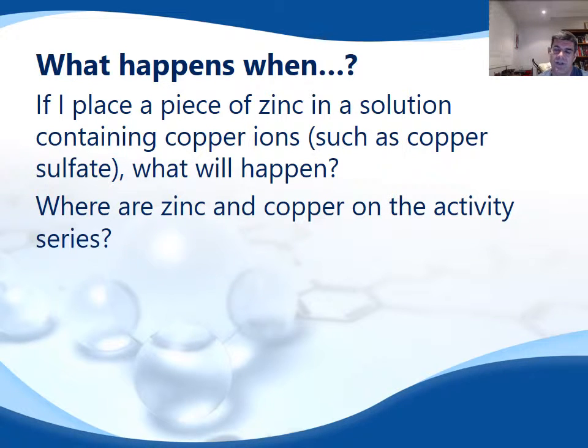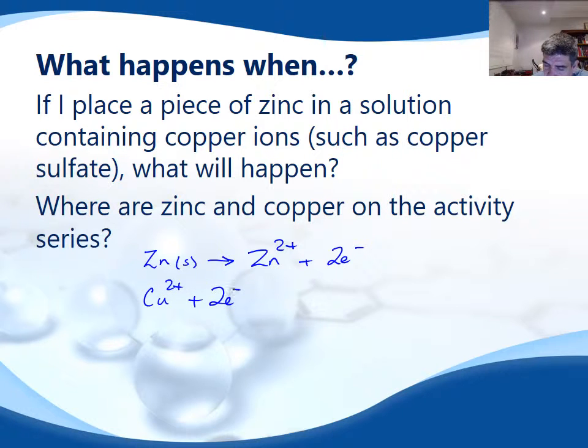So to set the context, what happened when we placed a piece of zinc in a solution of copper ions, like copper sulfate? Well, what we found was that the zinc was actually going into the solution as zinc ions, and the copper was coming out of the solution by taking in those electrons to form copper solid.